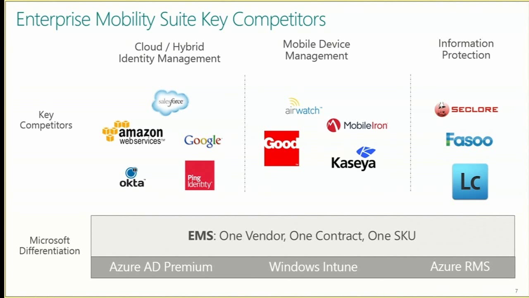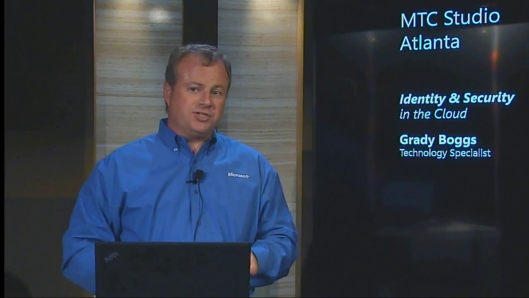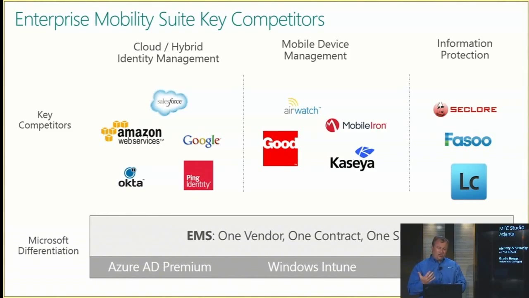With the Enterprise Mobility Suite, one vendor, one contract, one SKU, one support vehicle, one throat to choke, one back to pat, one cheek to kiss, whatever you want to call it. This is new. This did not exist before today. Earlier, when you think to the whiteboard drawing, I said you had no choice but to go piecemeal.